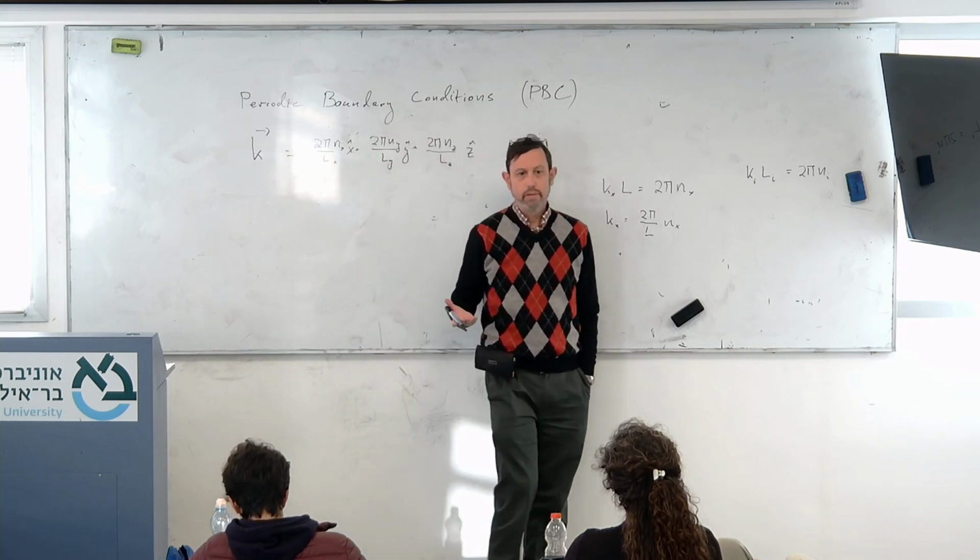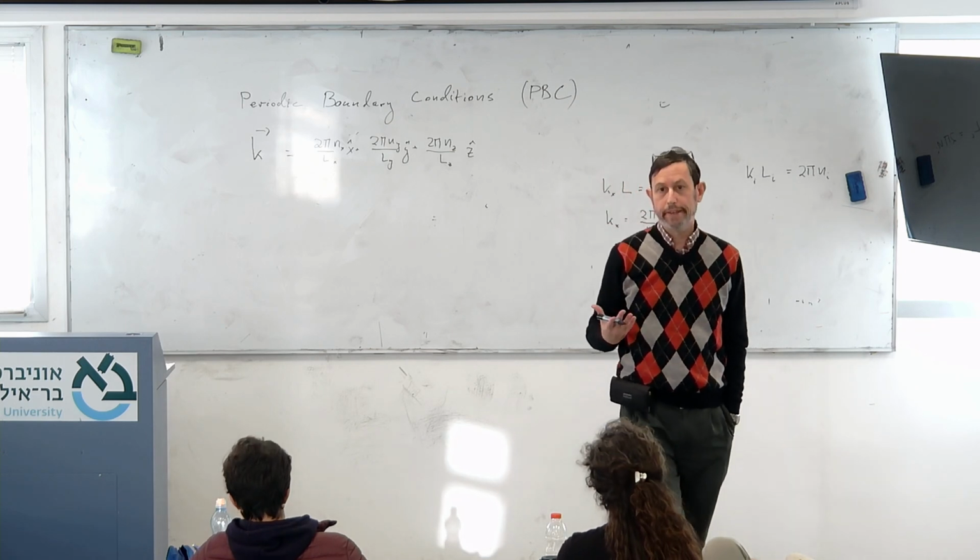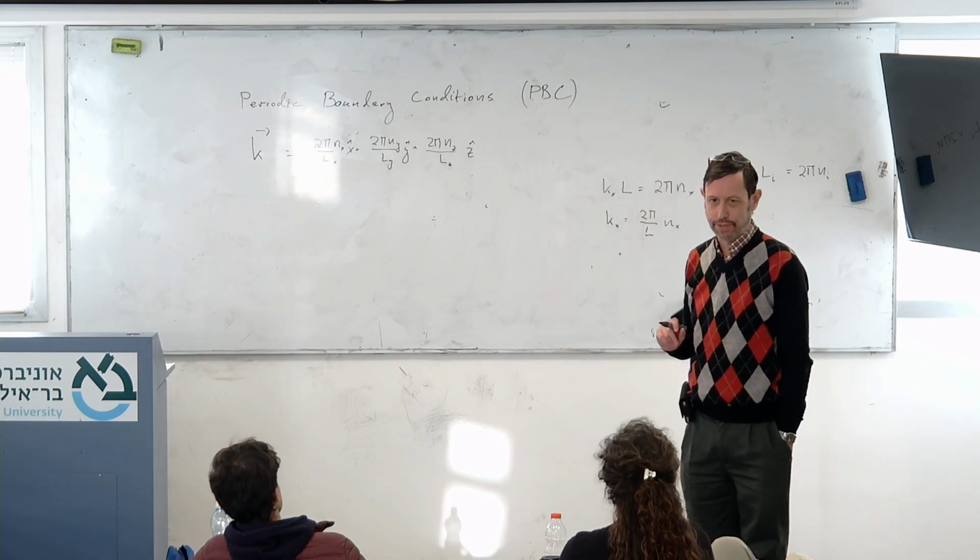These are the possible eigenvalues of K in periodic boundary condition.